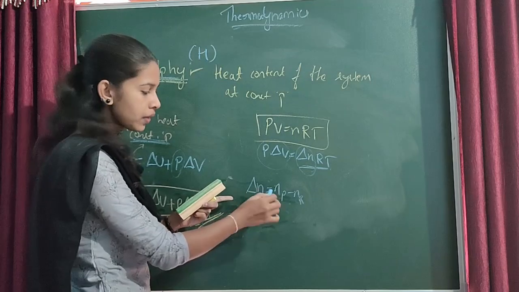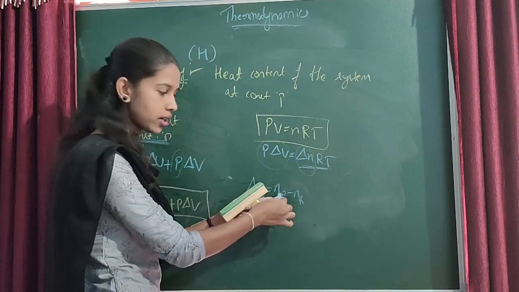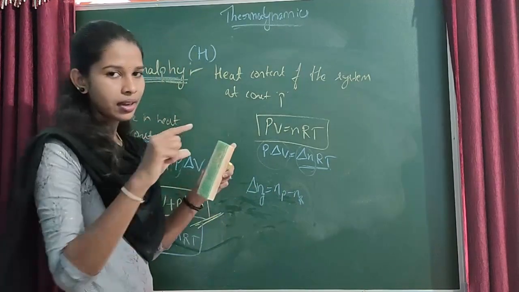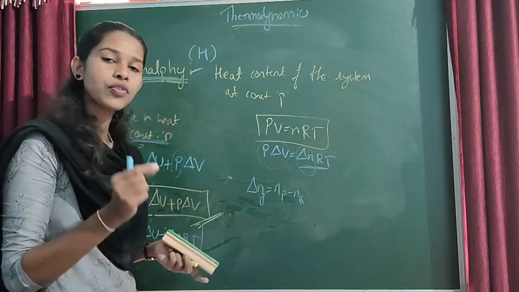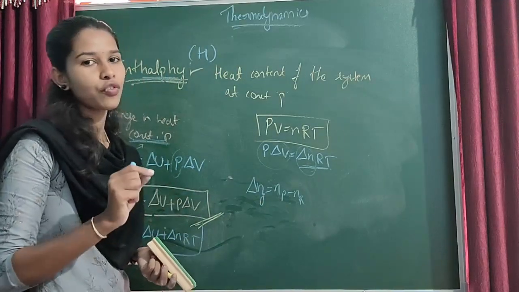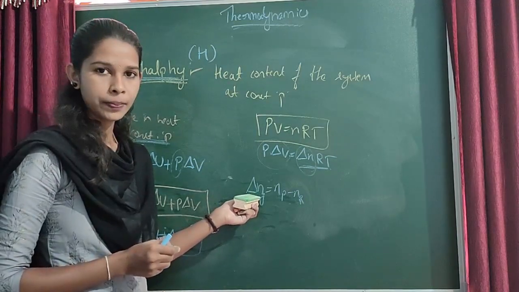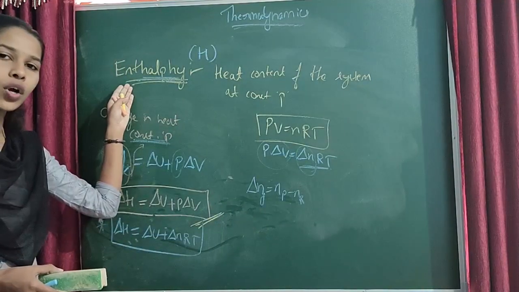Here, n_P means number of moles of gaseous products, and n_R means number of moles of gaseous reactants. In a given reaction, the difference between the number of moles of gaseous products and gaseous reactants will give the value of delta n. So this is all about the enthalpy concept.